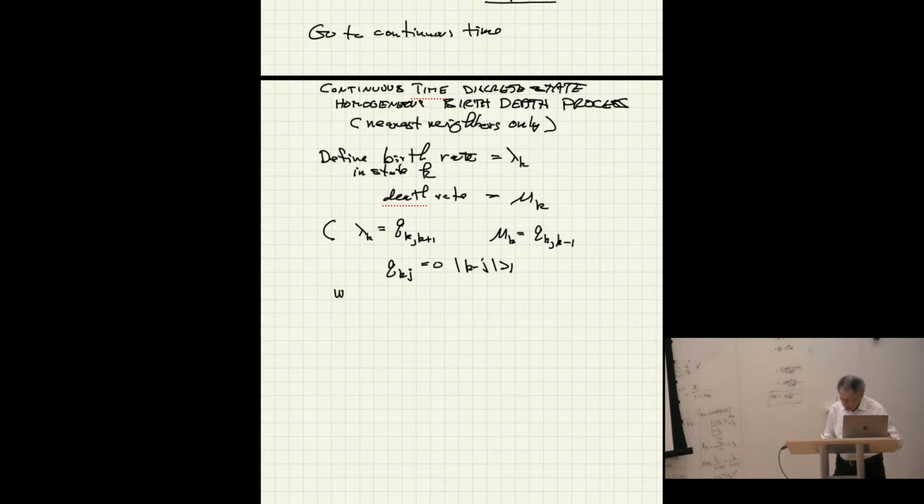We required that the summation of the q sub kj over all possible next states was equal to 0. So that means that q sub kk must be the negative of the other rates out of k, namely minus lambda k plus mu k.